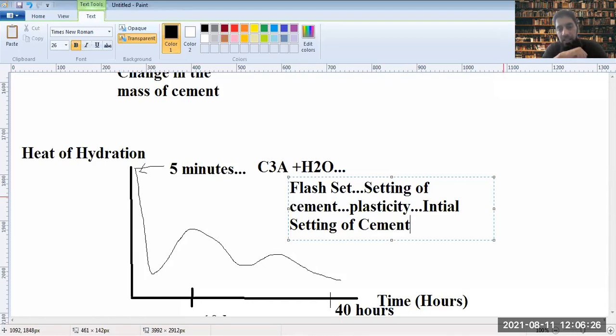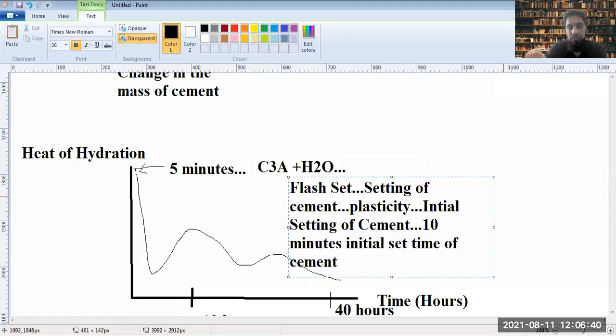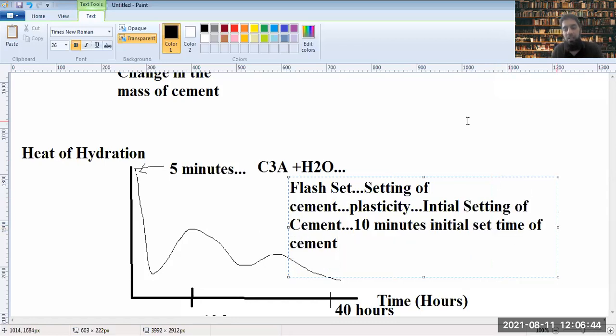Usually we take the first 10 minutes as the initial set time of cement.